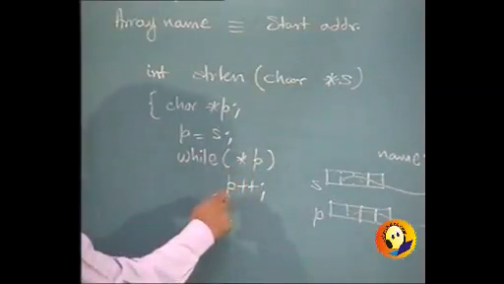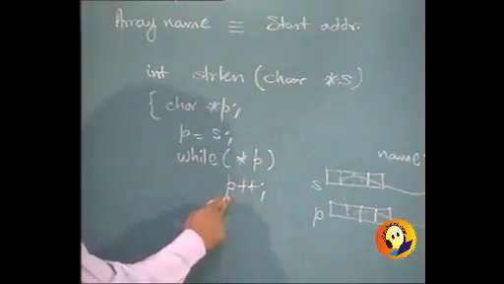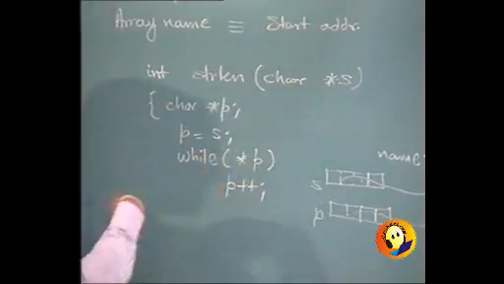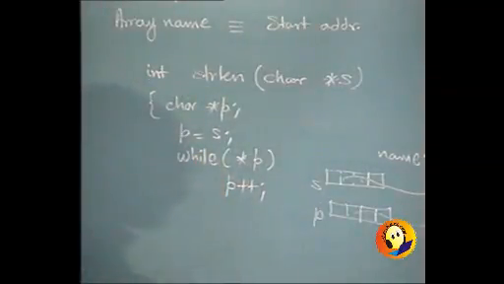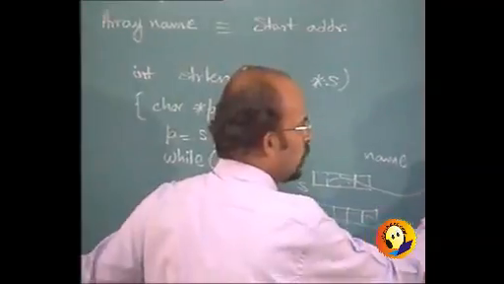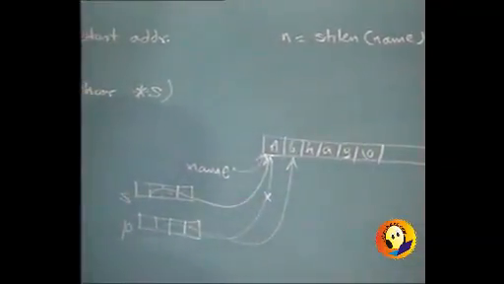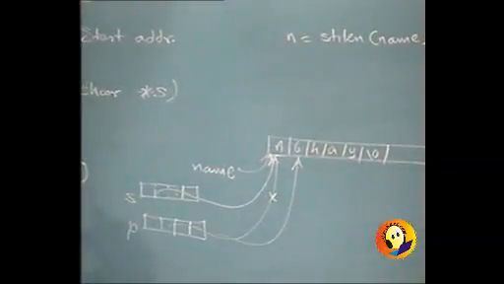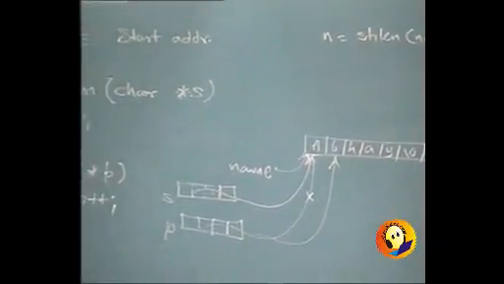P plus plus, what will it do? It is not changing the contents, it is not incrementing the content, but it is incrementing the address. Ultimately, p will go to the next location. For a character array it is incremented by 1.